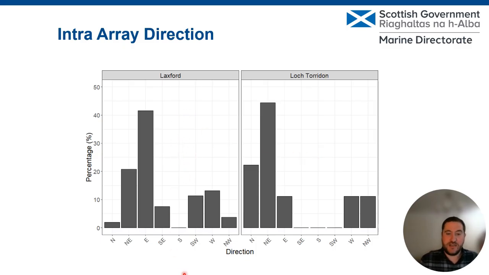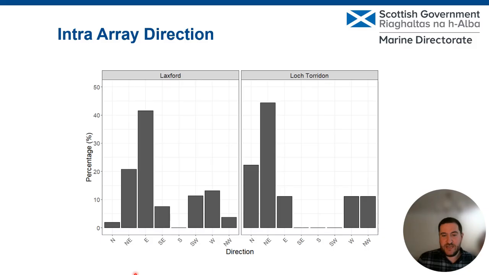But interestingly, we can see that the Loch Torridon fish are generally going, most of the movements are in a north or a northeasterly direction, as we'd probably expect in a directed migration, whereas for the Laxford, the majority of movements are in the easterly direction and the northeasterly direction, with quite a few also in the southwest westerly direction here, which we don't see in the Loch Torridon fish, and that might be just due to sample size.